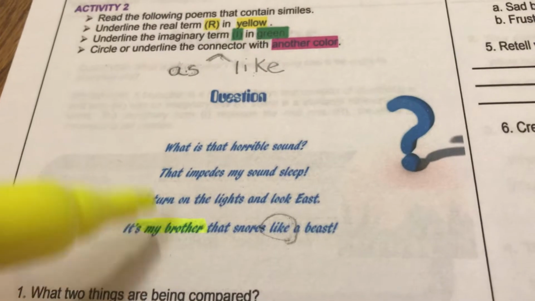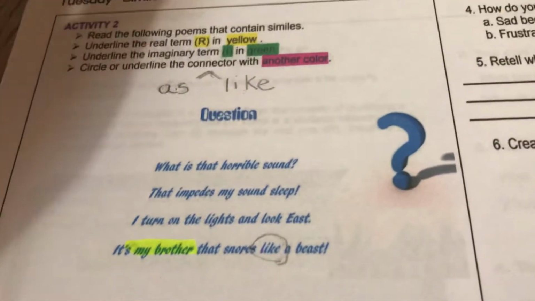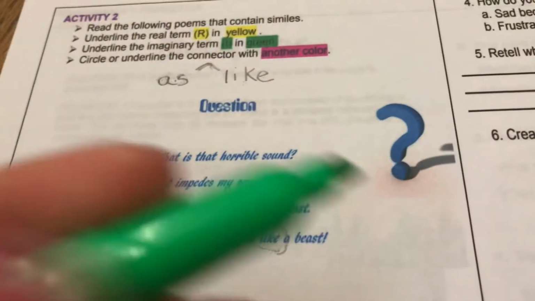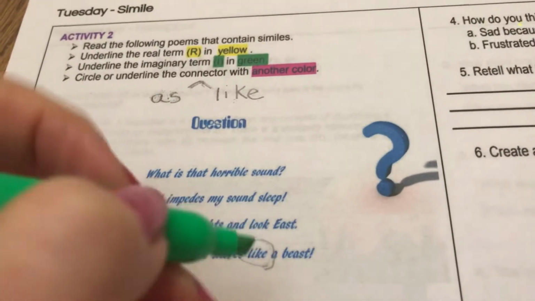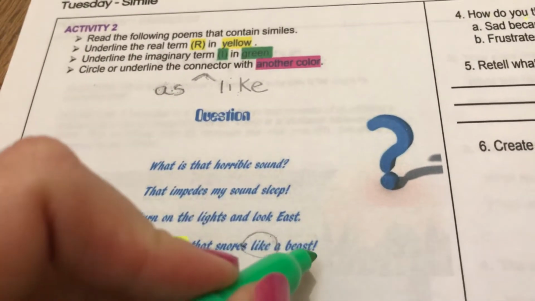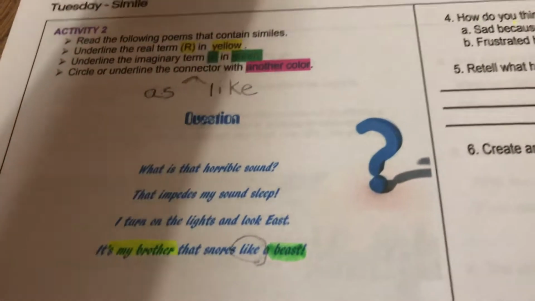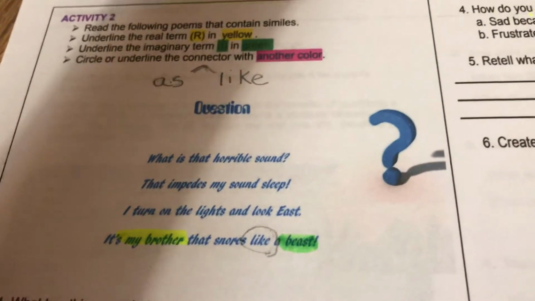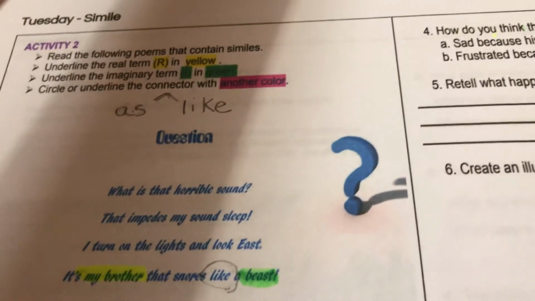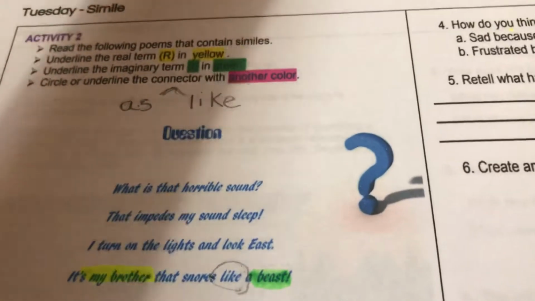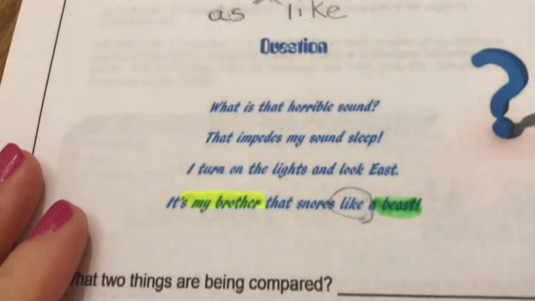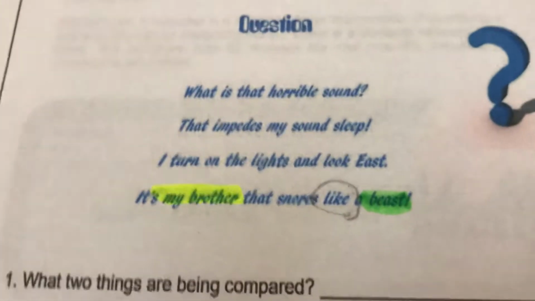And we know that the brother is being compared to what? To a beast, right? Oops, I think you were supposed to underline. That's okay. You can go ahead and highlight, whatever works. Now, this one, a beast, depending on what you were talking about, could be real or imaginary.